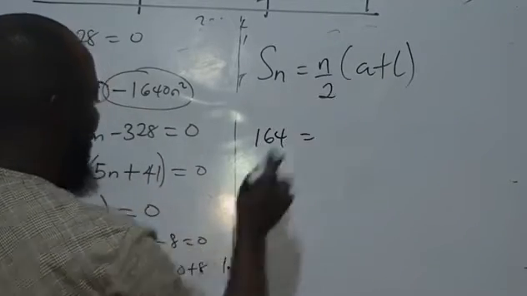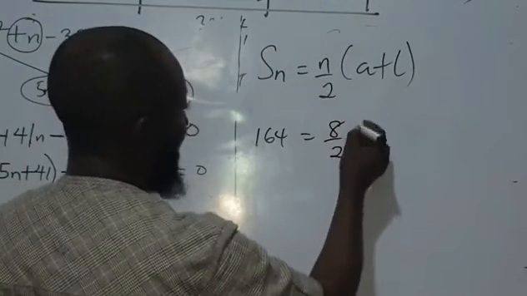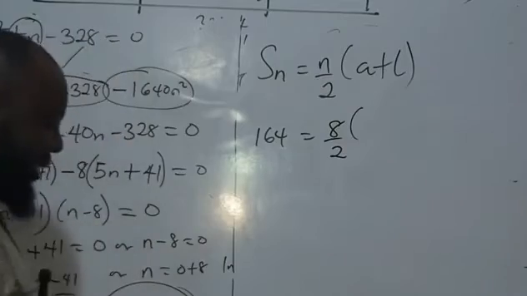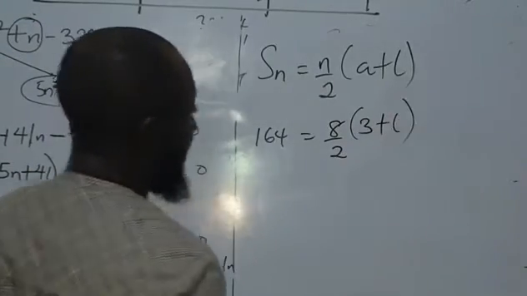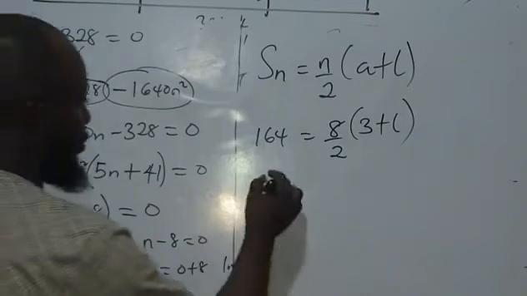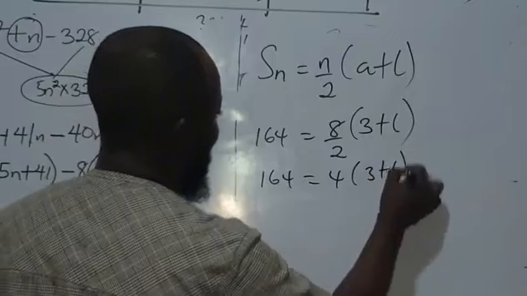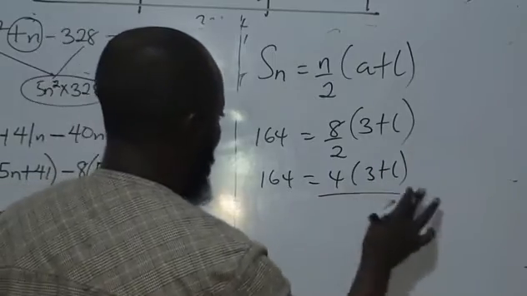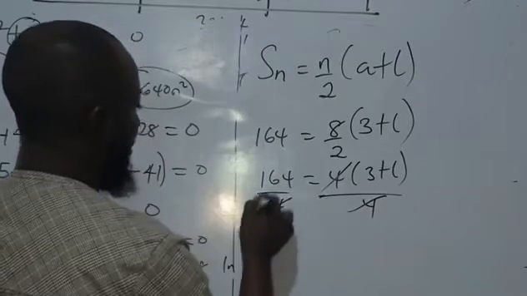164. The number of terms that we just calculated is 8, divided by 2, right? Into the first term, which is 3, right? Plus the last term, which is what we are looking for. So we can solve this one. 164 equals 4 into 3 plus l. So we can divide both sides by 4. 4 cancels this 4. 4 here 1, 4 here 4.